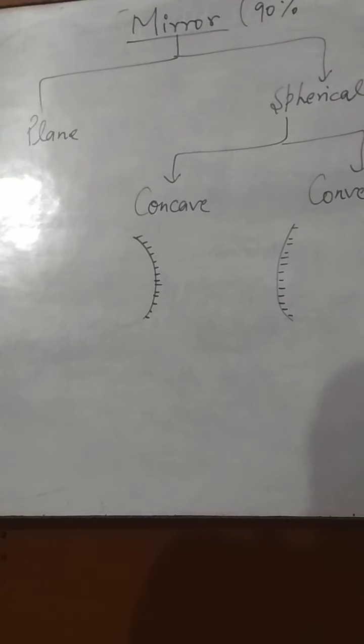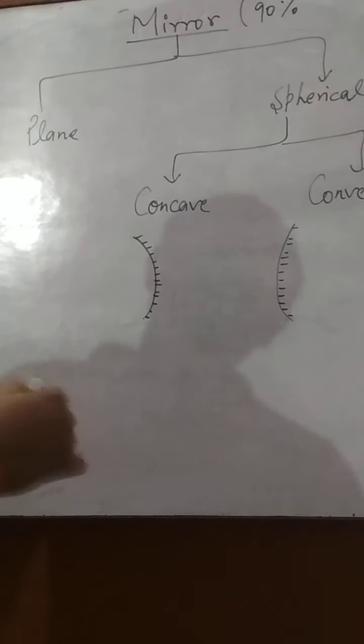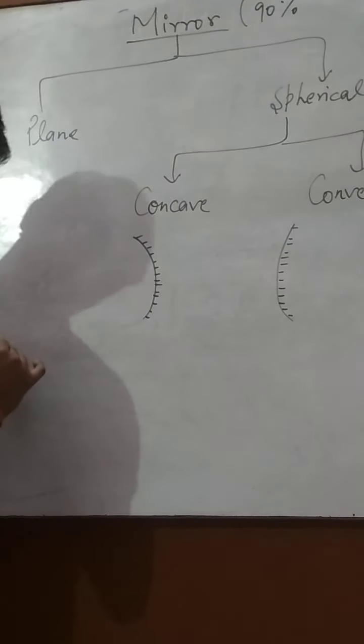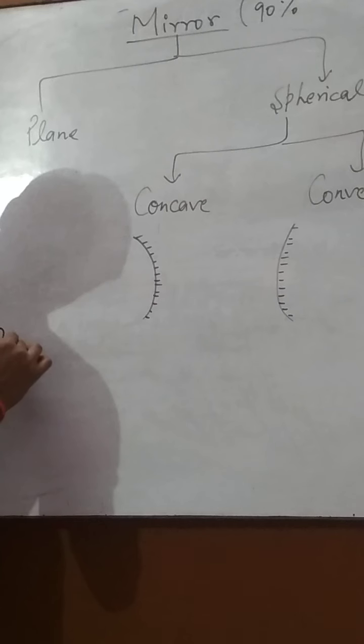When you see mirrors, in a simpler form you can say there are two surfaces, outer surface and inner surface.